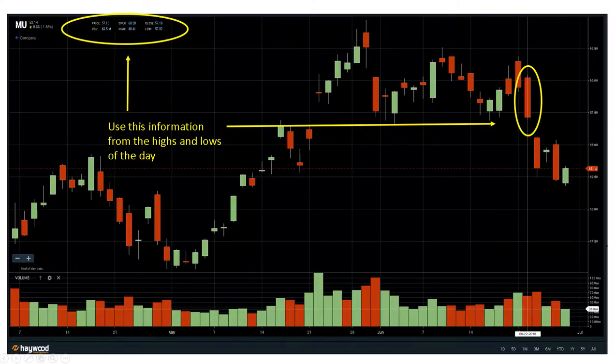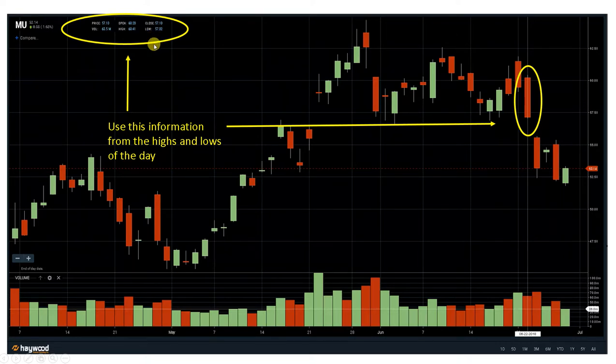A good example of this, for this particular stock, MU Micron Technologies, we'll just look here at the chart. We can see over here the low established on the daily charts as well as the highs. Over here we can see this information being displayed in the high lows, the high being $60.41 and the lows being $57.02.